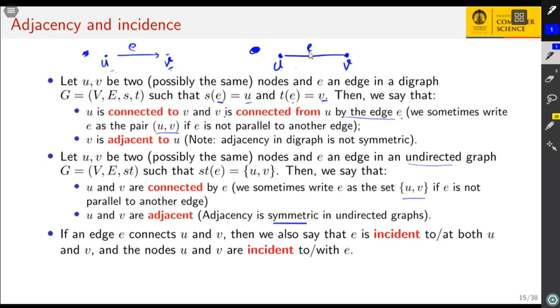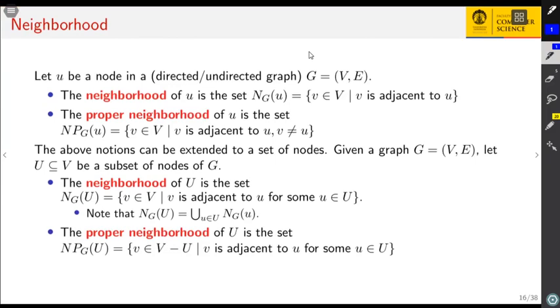Now, from the notion of adjacency and incidence, we could define a notion of neighborhood. Given a node U, the neighborhood of U is the set of all nodes adjacent to U. So the set of V that is adjacent to U. The neighborhood of U is all nodes adjacent to U, which may include U itself, if you have a loop.